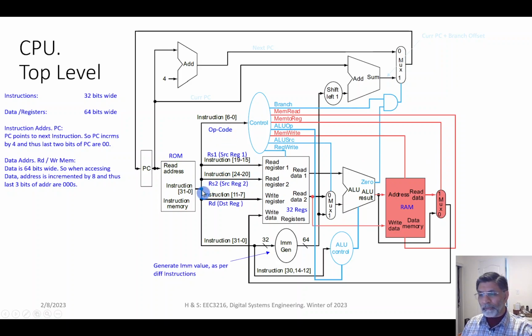So as we read these instructions, depending upon the instruction, an immediate value might be generated, which should be a 64-bit value. And the opcode will be decoded to decide whether it's a branch operation, or what kind of ALU operation it is going to be.